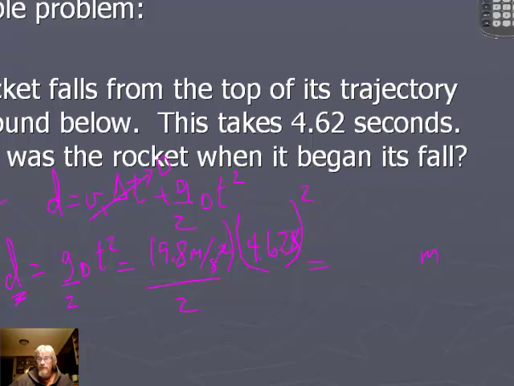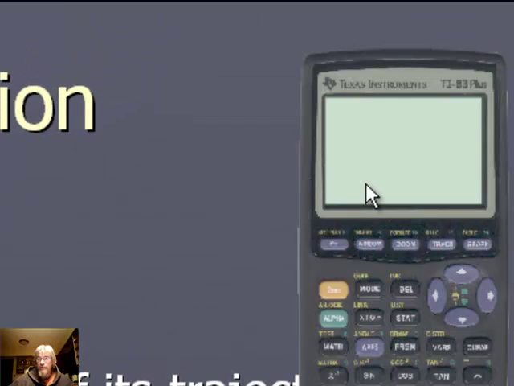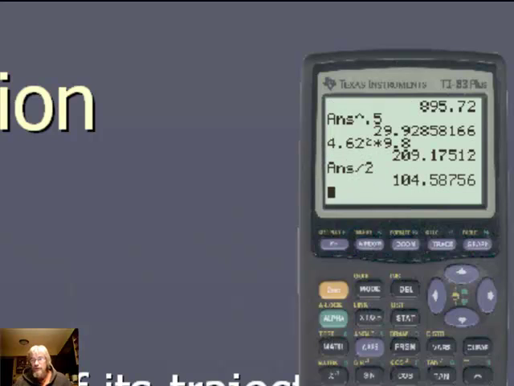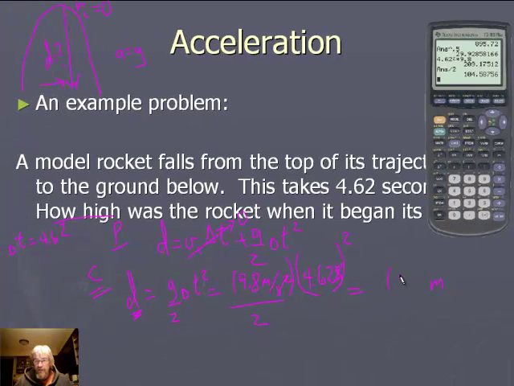I'll take my calculator: 4.62 squared times 9.8 meters per square second, and then I'm going to divide that whole thing by 2 to get my answer. And this is telling me that my rocket fell from a height of 105 meters.